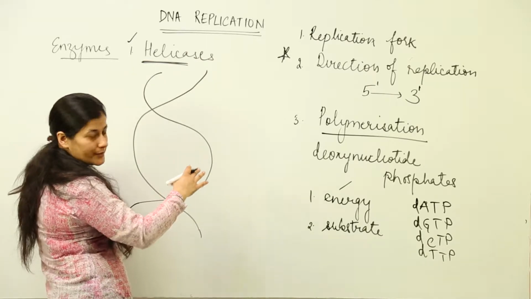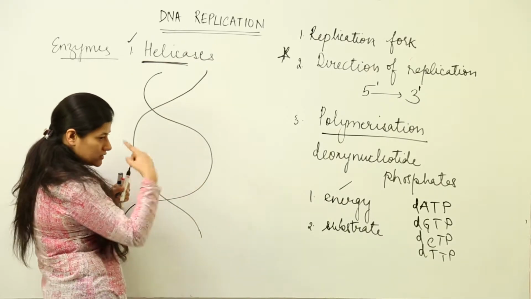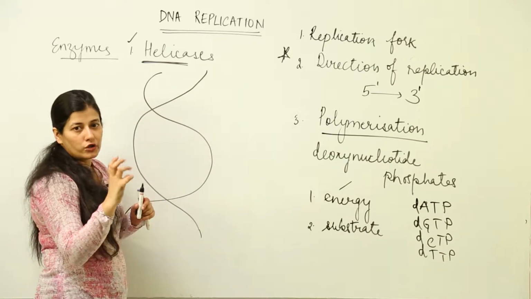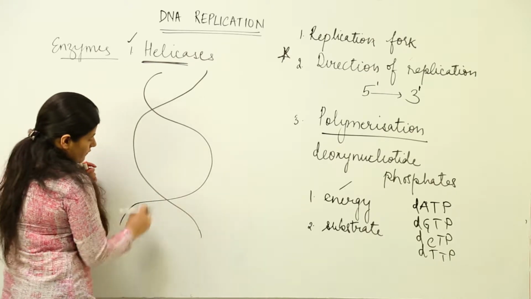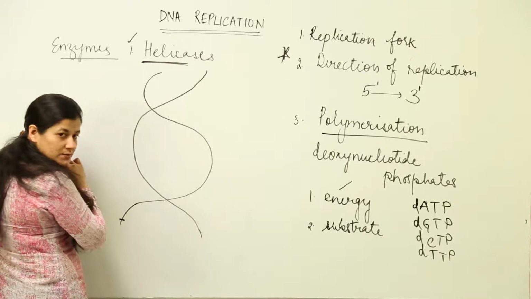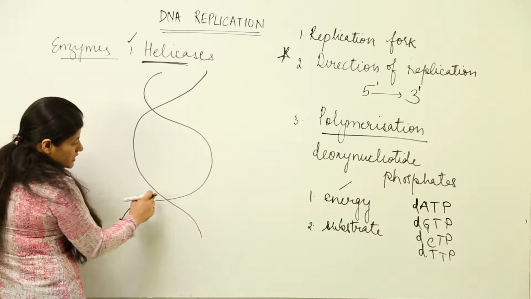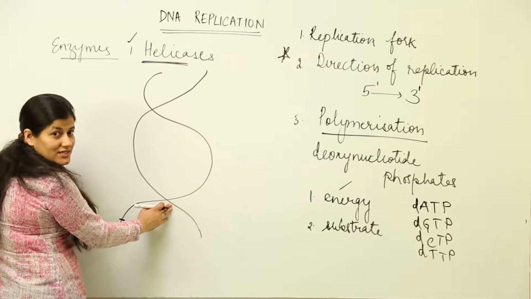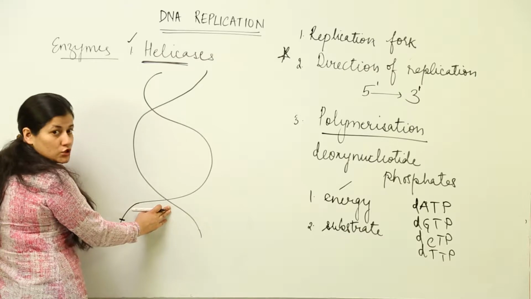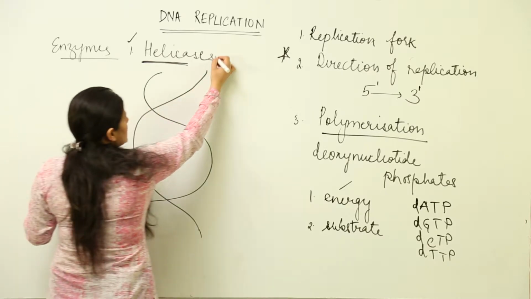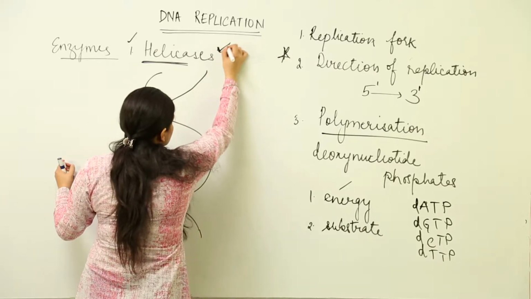This is a two-dimensional representation. So imagine this helix being coiled like this. First of all, the coiling has to be opened, okay, because once the origin of replication has been identified, supposedly it is here, this coiling has to be opened so that it is easy for the enzymes to come and work. For that purpose, we have helicases.